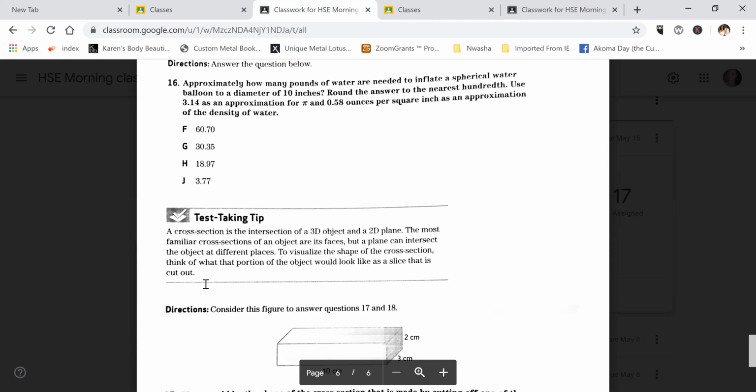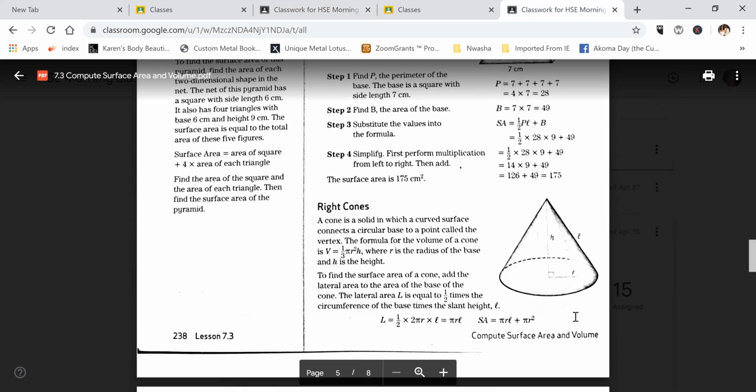water. So this one, you need to think about, what is the spherical water balloon? What does that mean? They're talking about just a regular sphere. Okay, so regular sphere. Next one, 4 pi radius.